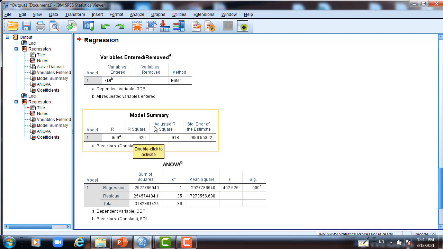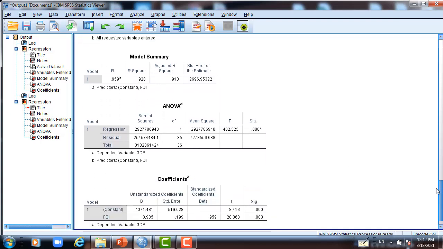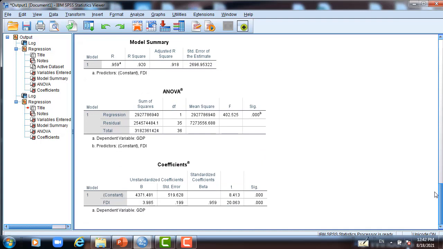In this session, as we mentioned earlier, we are going to look at the important tables. First, we look at the model summary, then ANOVA, and after that we look at the coefficients of the variables, which are included in the equation.